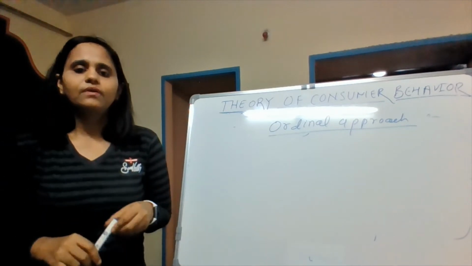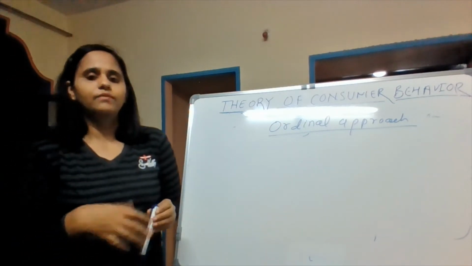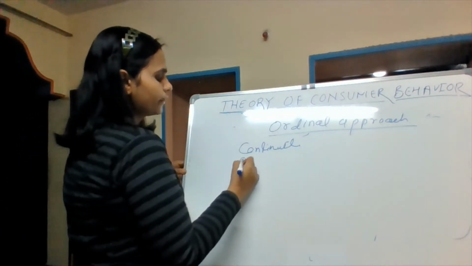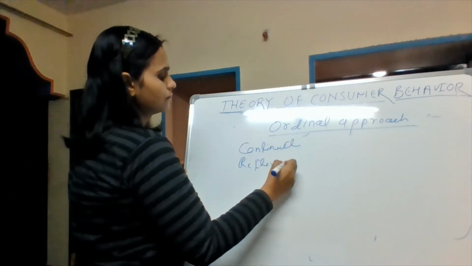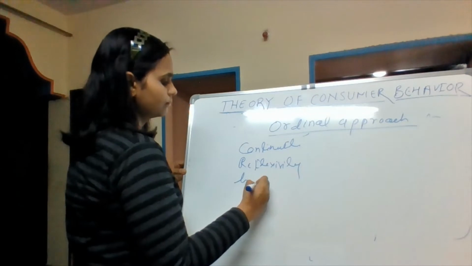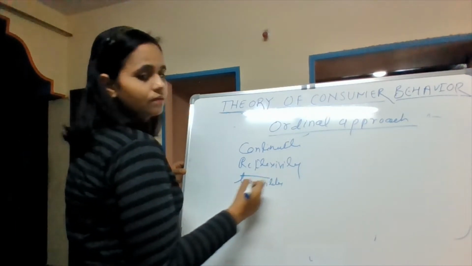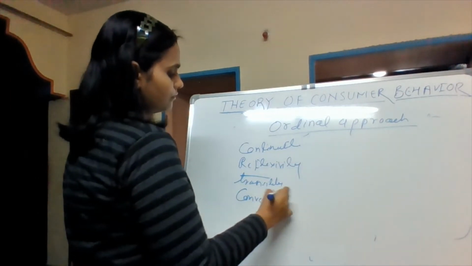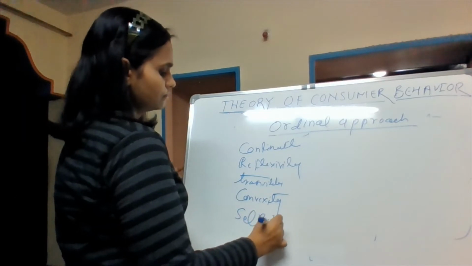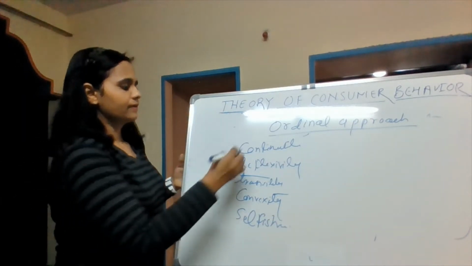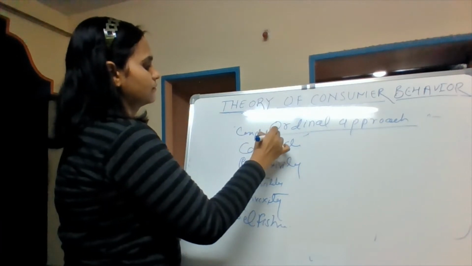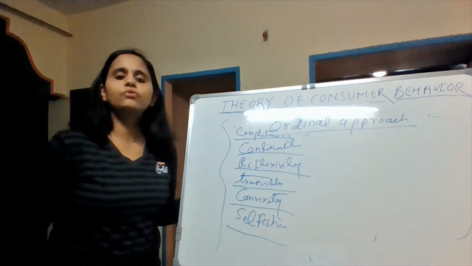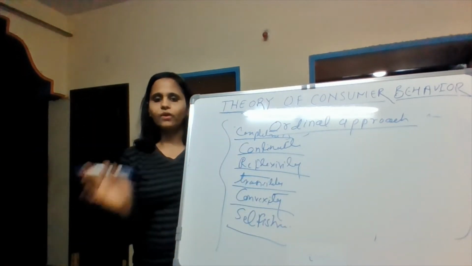One is the axiom of continuity, then reflexivity, transitivity, then convexity, selfishness, and completeness. So there are 6 axioms, and these help you derive your utility under the ordinal approach.